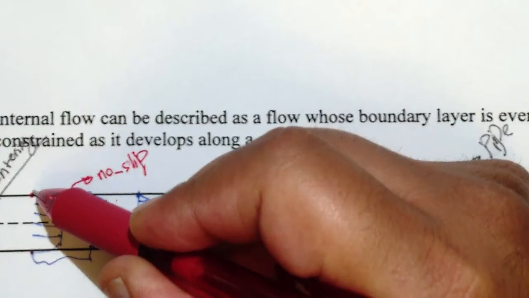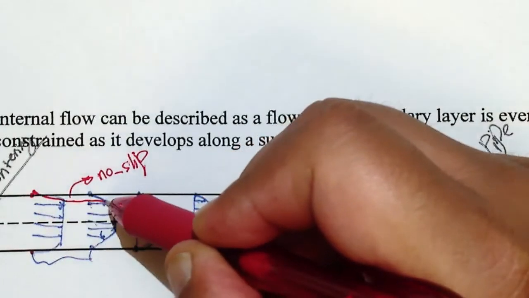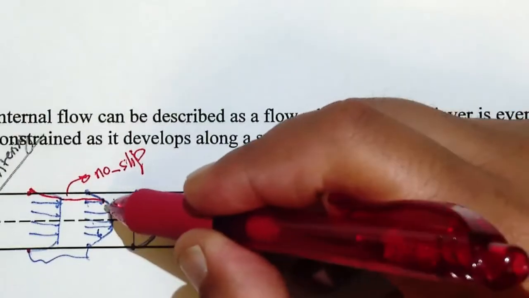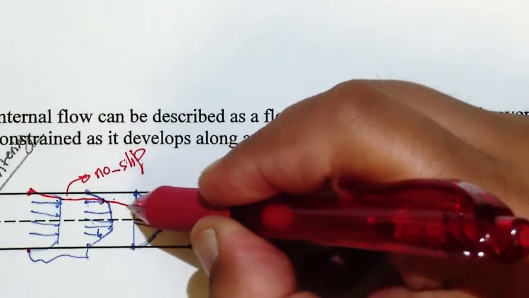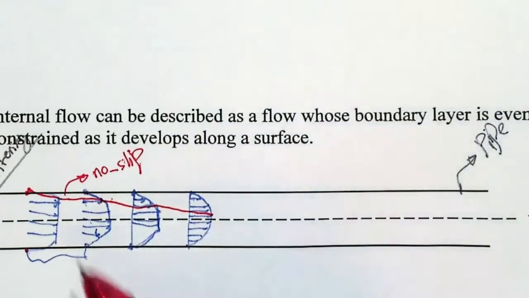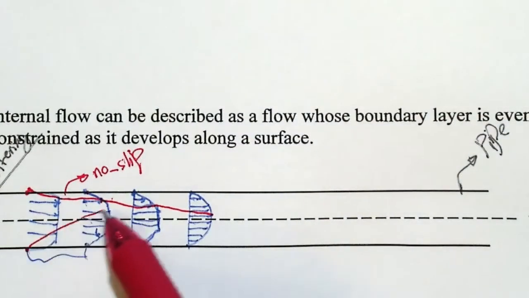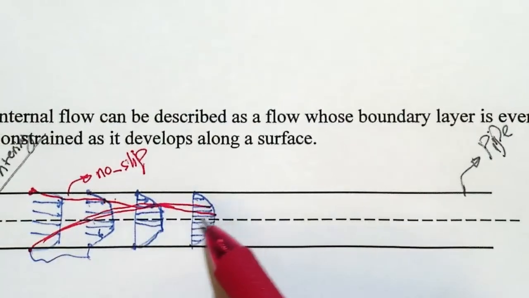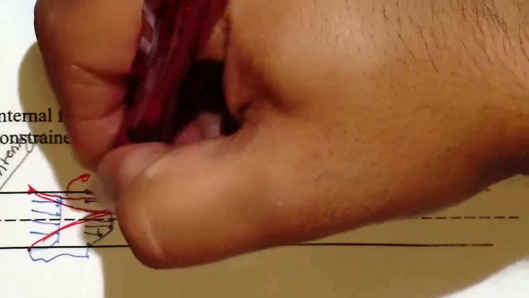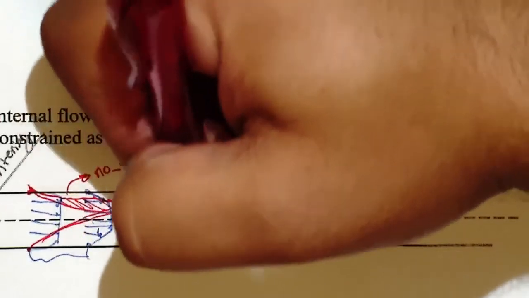At first it's here, and the next one is coming here, because the second layer is now affected by the first layer, which is the wall layer, and then it goes more and more to the center, right? From the bottom you can also plot the same thing. Okay, these are two boundary layers that are going to reach each other at the end.